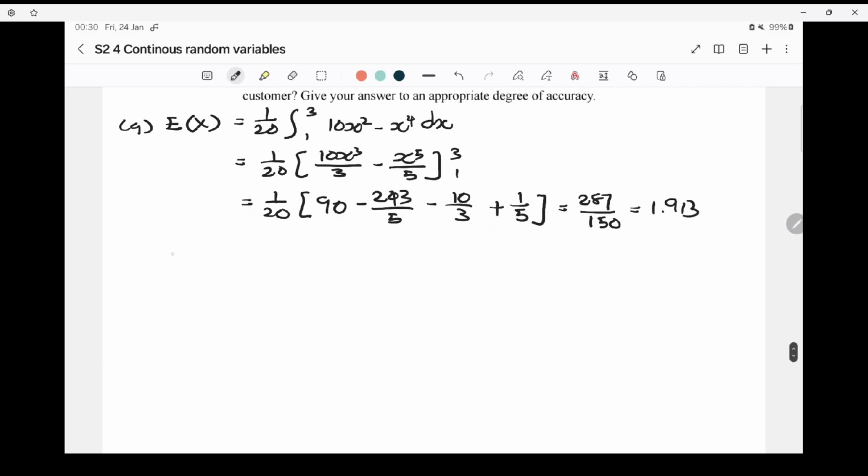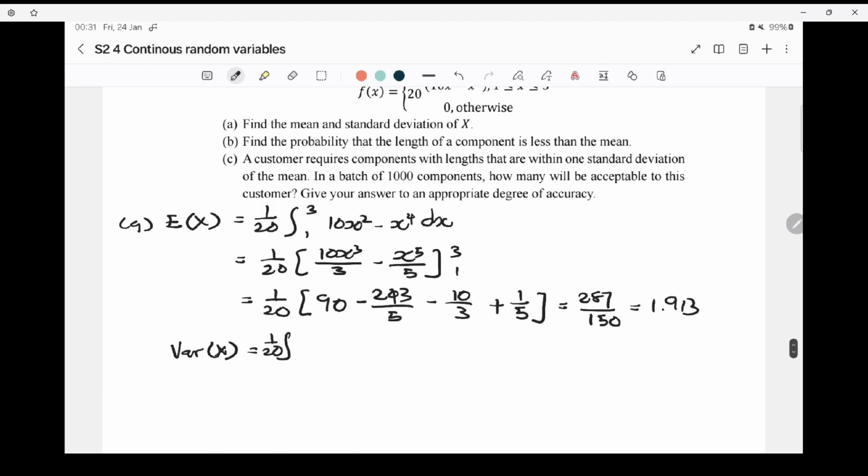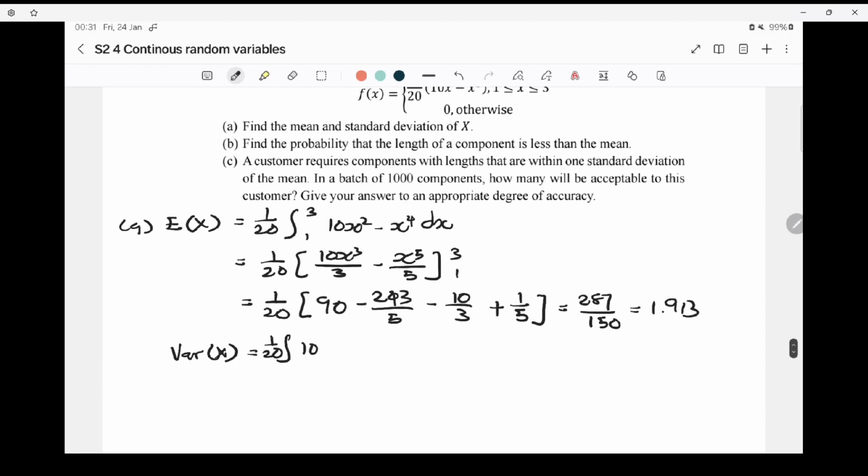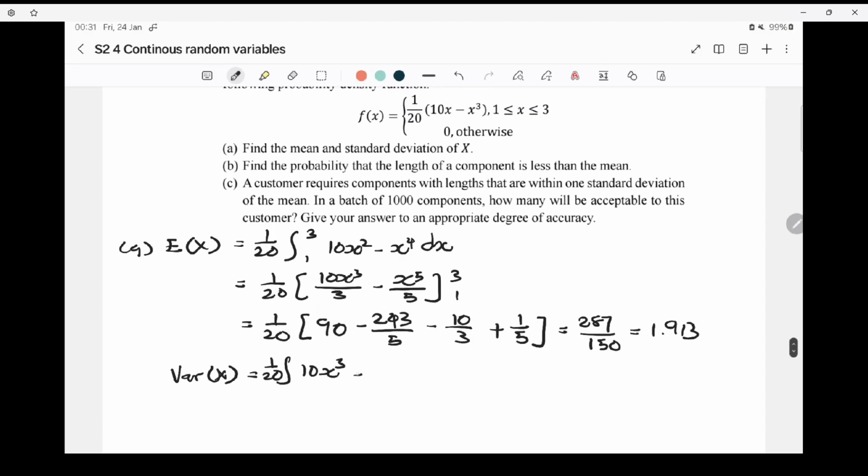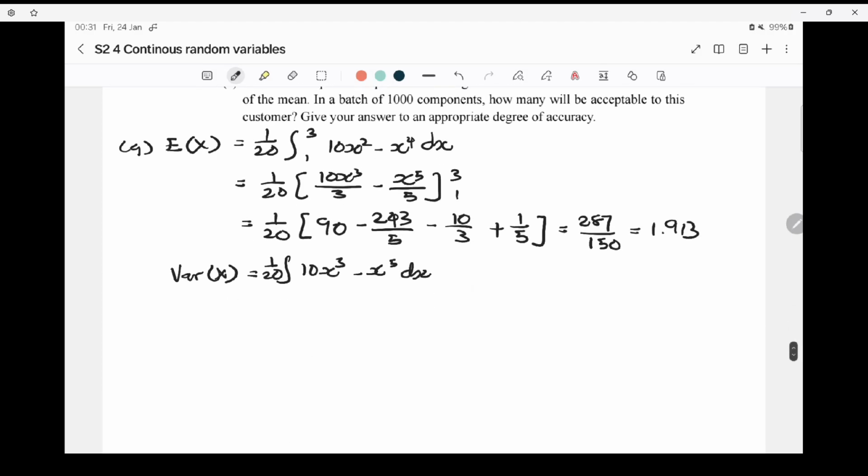So now you need to find the standard deviation. Easier way is to find the variance first. So this will be integrating from 1 to 3. So you need to multiply x squared inside. So 10x cubed minus x to the power 5 dx. So this is the first part, and you need to integrate from 1 to 3.